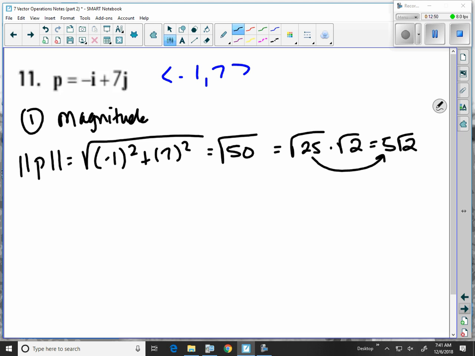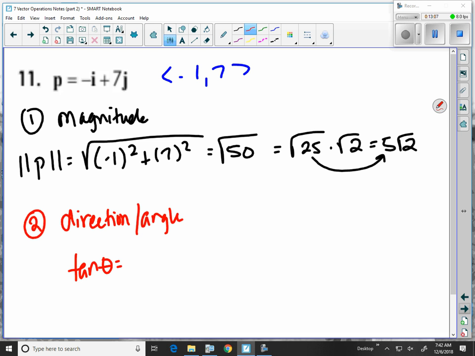What comes next? It's our second step. Find the angle or direction. So we're going to have 7 over -1. What quadrant are we in here? Two, right? Negative, positive, so we're in quadrant 2.